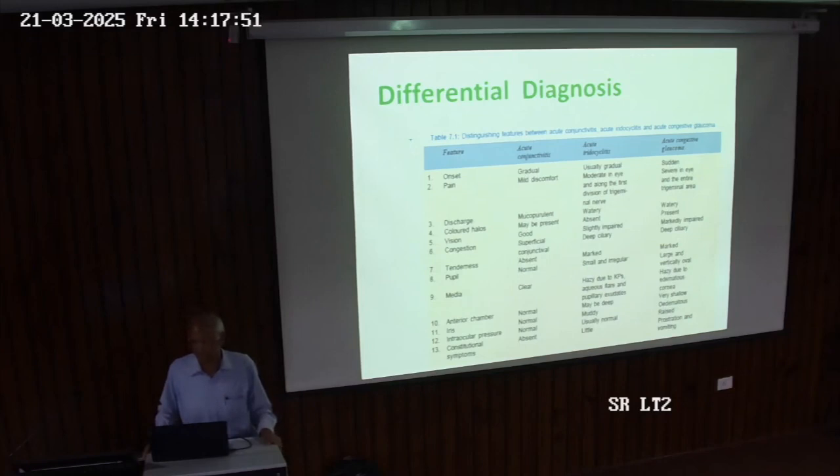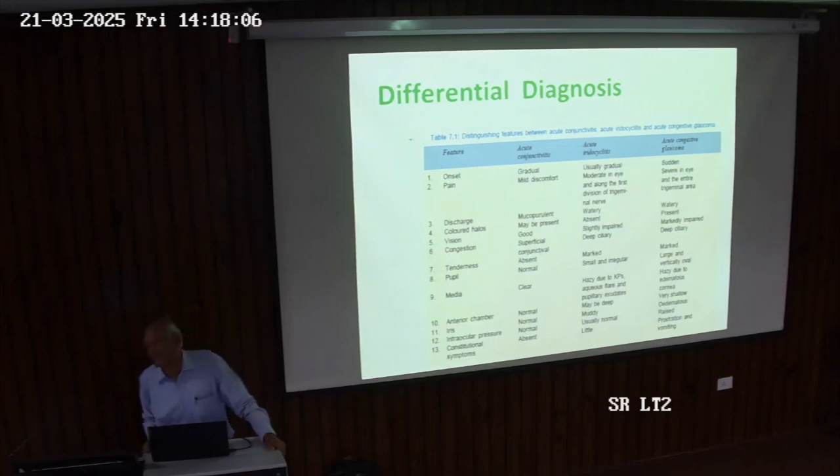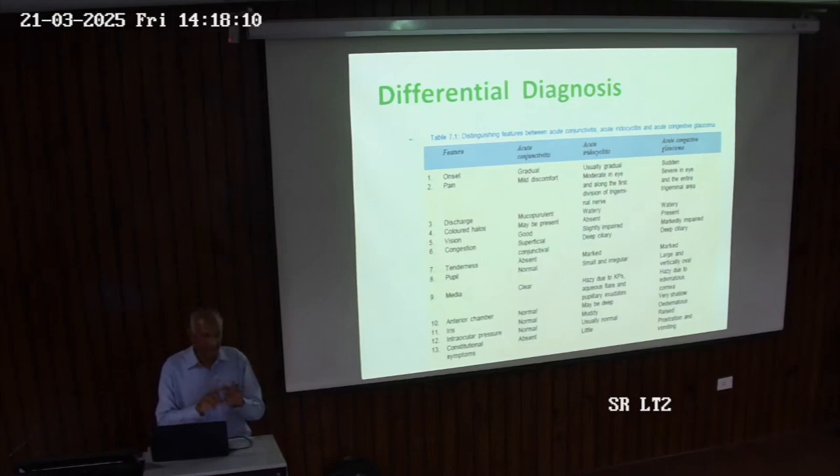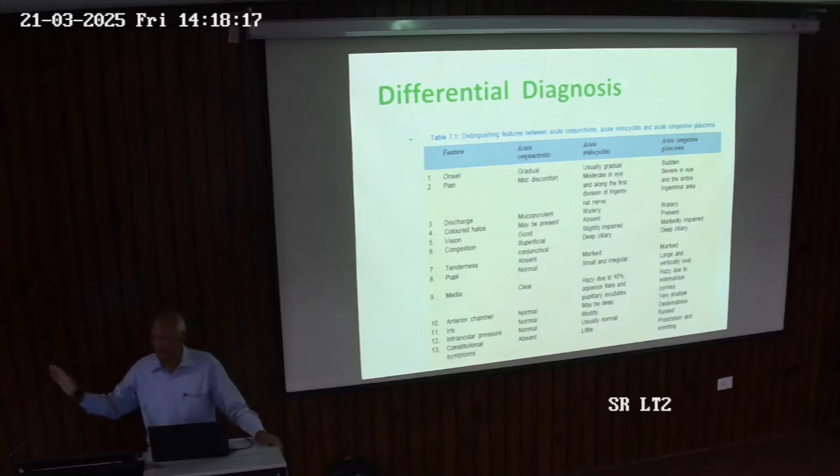Pain is less, discharge is more, congestion is there, and diminution of vision will be less, because the discharge comes in front of the patient, there will be no real diminution of vision. If you try to touch the eye and the digital tension is high, this goes in favor of glaucoma.